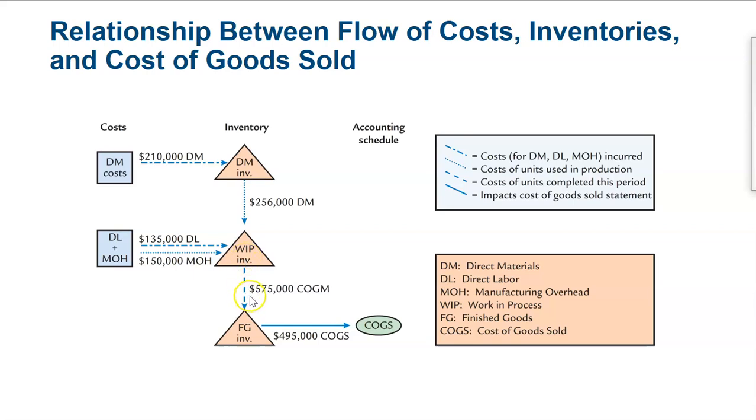Now we had some, and so we do all of this, and let's see here now. We have finished goods inventory, and then whatever we have left at the end of the day, we're going to subtract out of our total cost of goods available for sale to arrive at cost of goods sold.